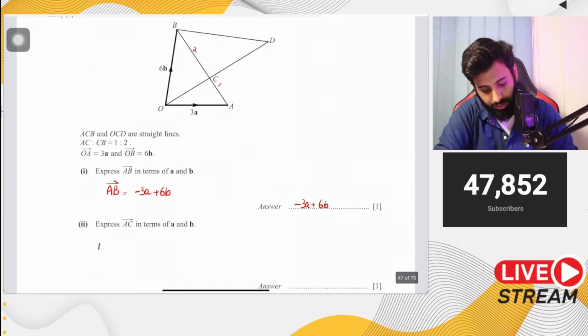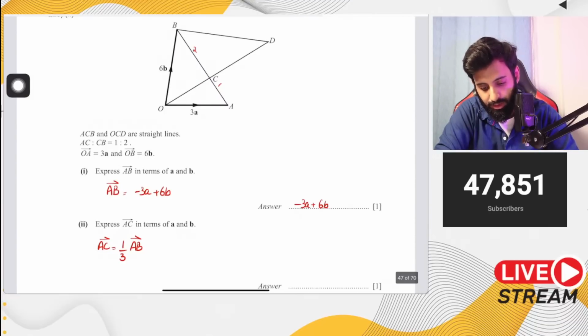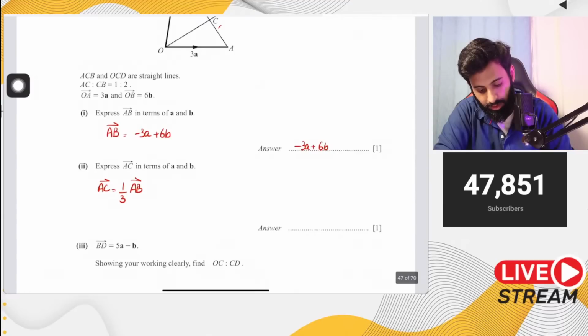So AC is going to be equal to 1/3 of AB. Why is that? That's because AC is one part, CB is two parts, so AC is going to be 1/3 of the total. So AC is equal to 1/3 of minus 3a plus 6b.